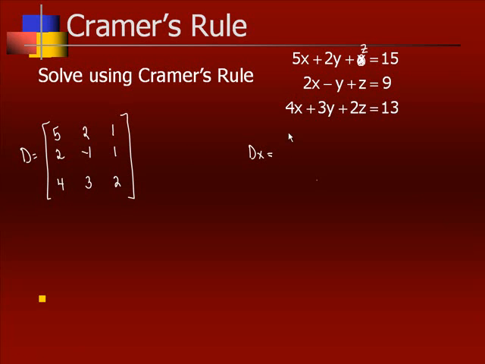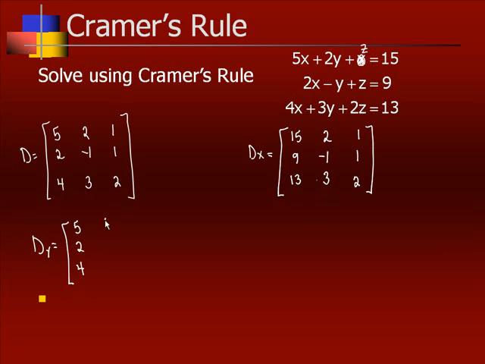Dx would be answers in the x column: 15, 9, 13. Y's would be 2, -1, 3. Z's would be 1, 1, 2. Dy would be keep your x column, put your answers in the y column, and keep your z column.